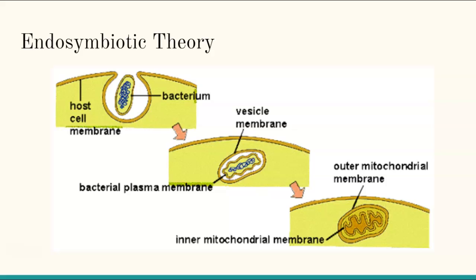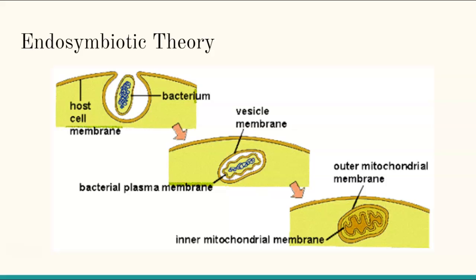They were a bacterial cell that was then kind of taken in via endocytosis. It was brought into a eukaryotic cell, brought into another cell, and then it kind of morphed, evolved into what we now know as the mitochondria or the chloroplast.